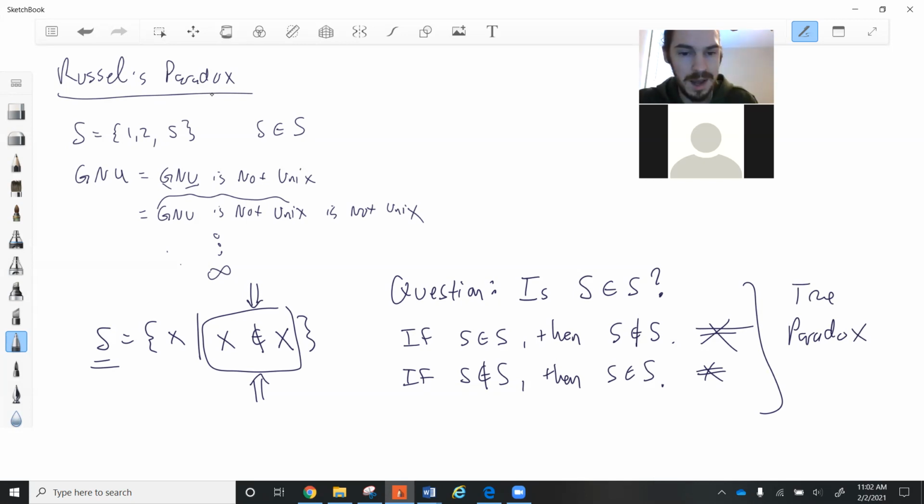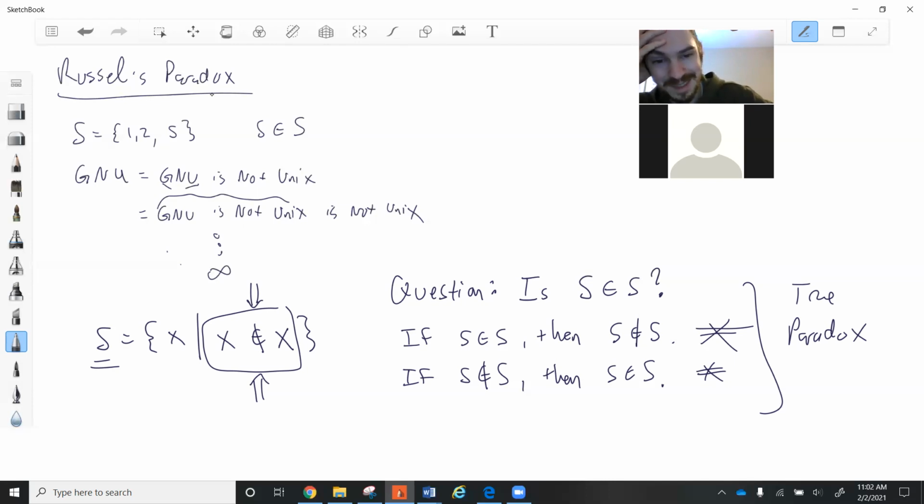And so when mathematicians realized that the set axioms they were using as the foundation for all mathematics allowed this to exist, they were like, shit, that's a problem.